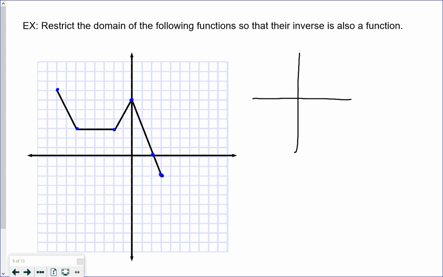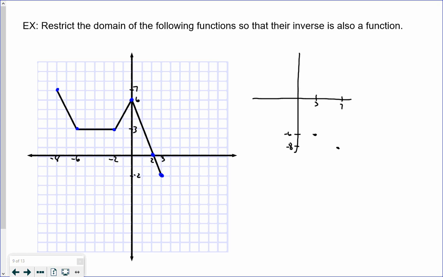So negative 8 comma 7 is going to become 7 comma negative 8. Negative 6 comma 3 is going to become 3 comma negative 6.